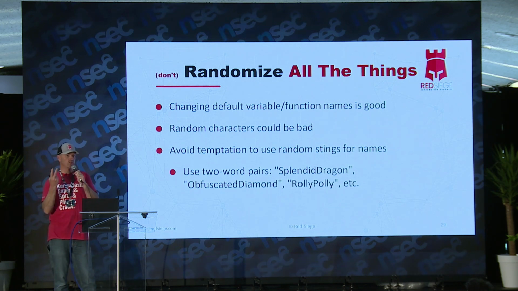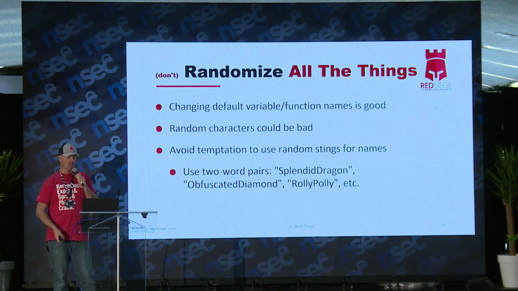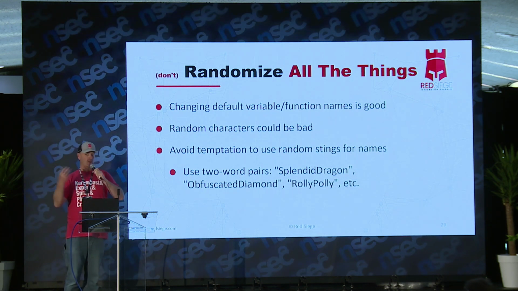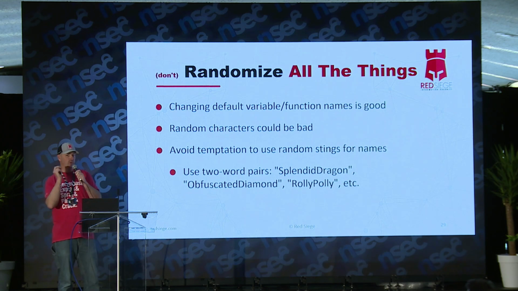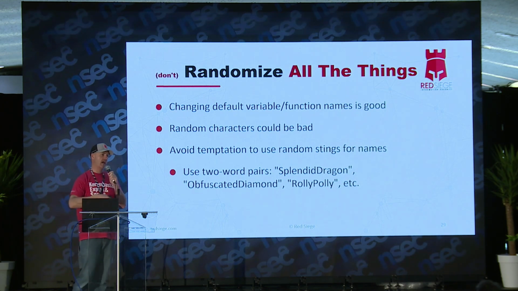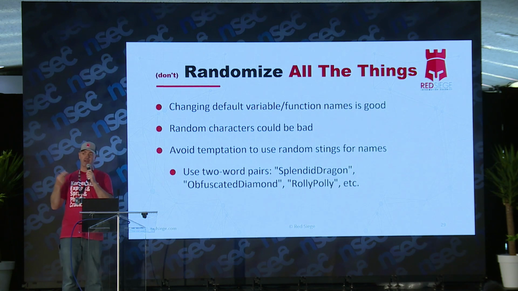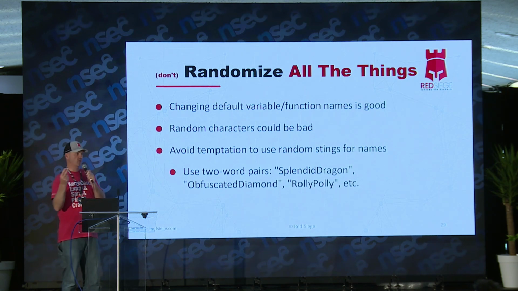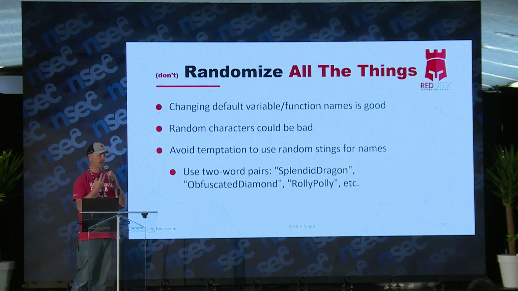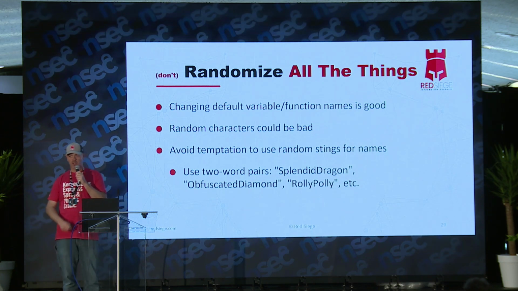So we use a random word pair generator. So splendid dragon or obfuscated diamond, whatever. NSEC, we could use that. But we have multiple words concatenated together. We do not have an entropy problem because we're not using random data. And we greatly reduce the possibility that we're going to have a collision in the namespace.